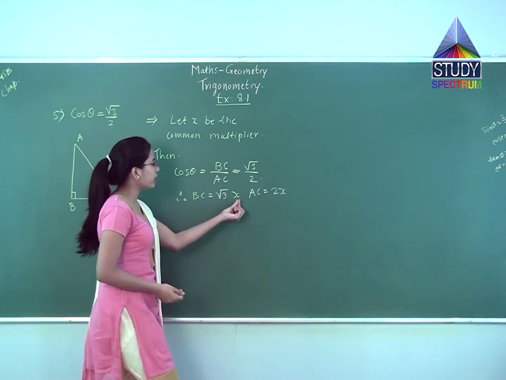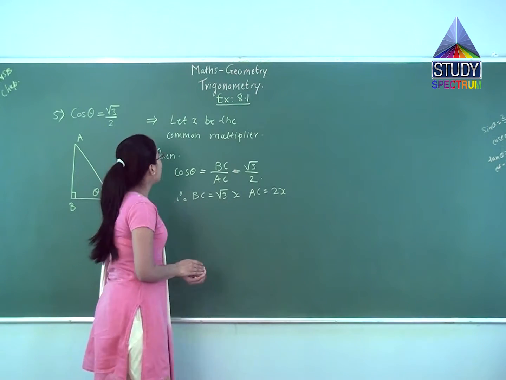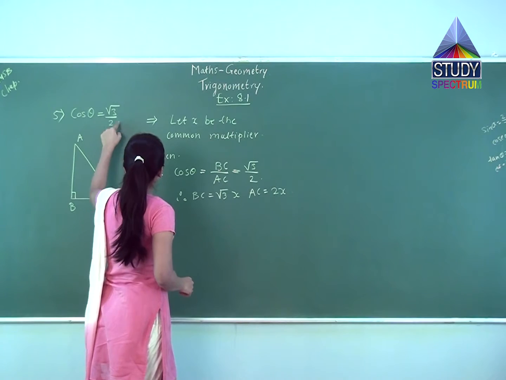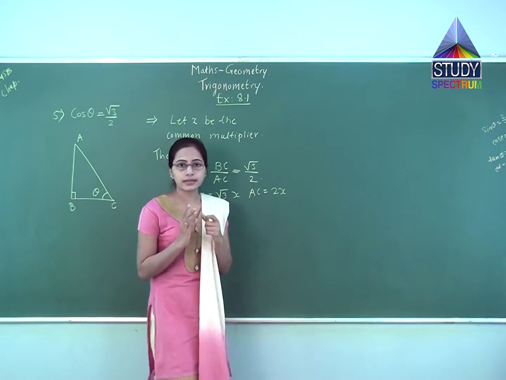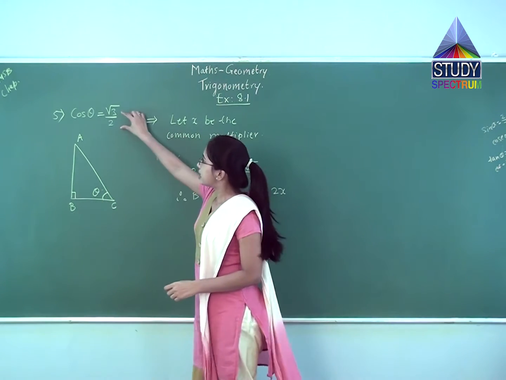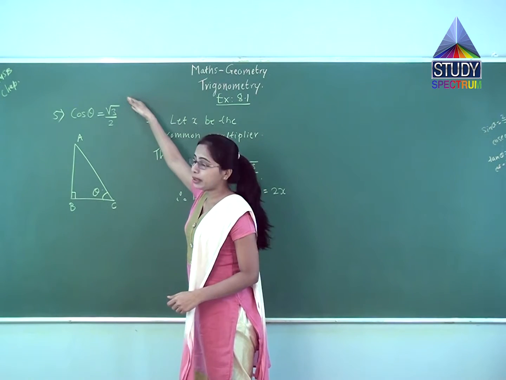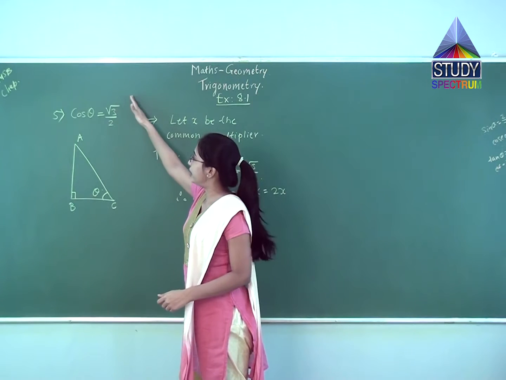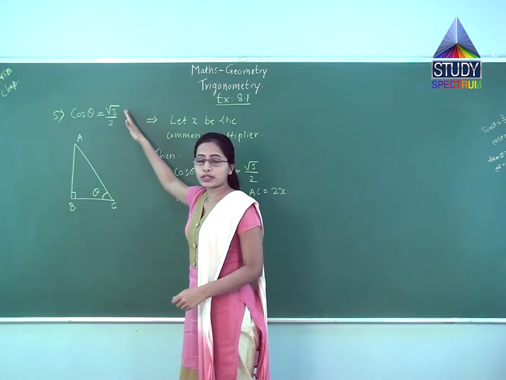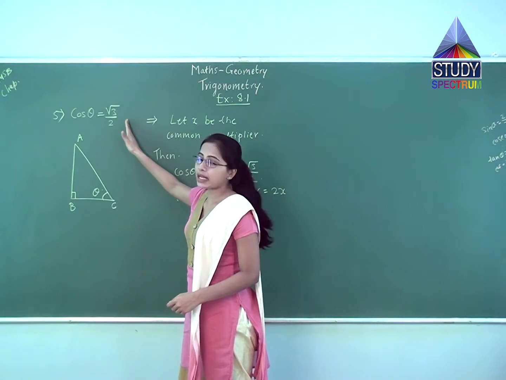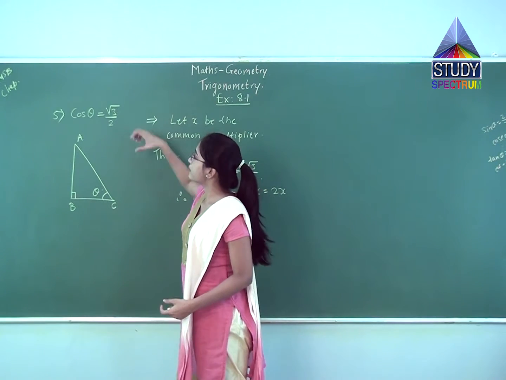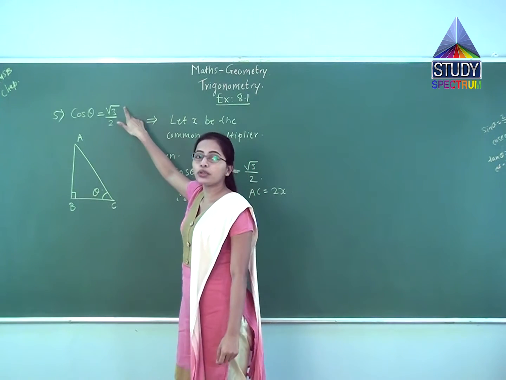Why do we have to take this common multiplier x? Because root 3 by 2 is a ratio and this is the simplest form of the ratio. Root 3 may have some multiplicand, 2 may have some multiplicand. After cancelling those common factors, we are getting root 3 by 2.